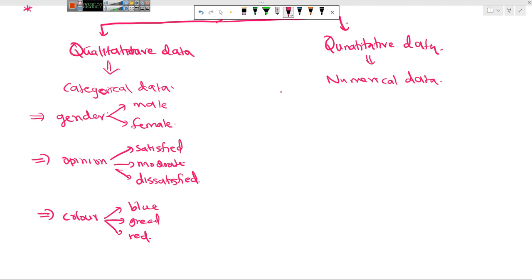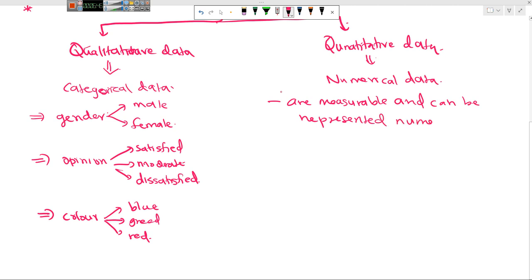And on the other hand, we can have quantitative data also. These quantitative data are measurable and can be represented numerically as well, right? So before looking at some examples for quantitative data, we will classify quantitative data further into two subgroups.